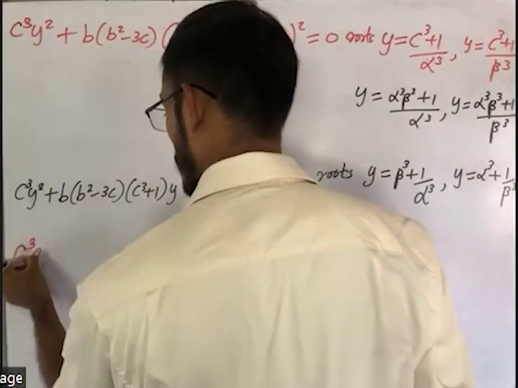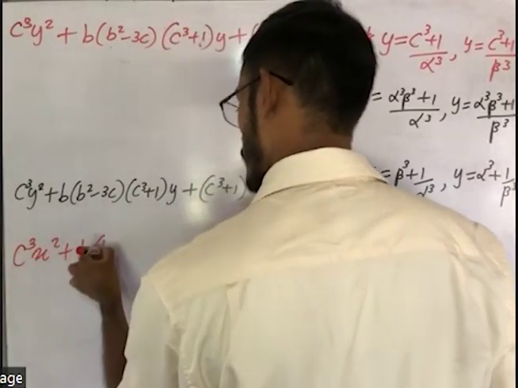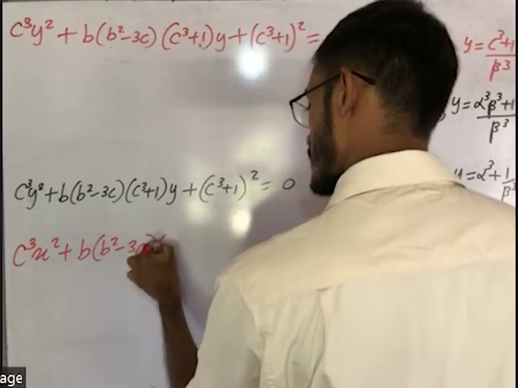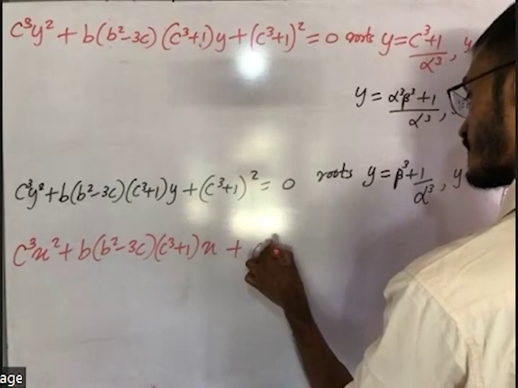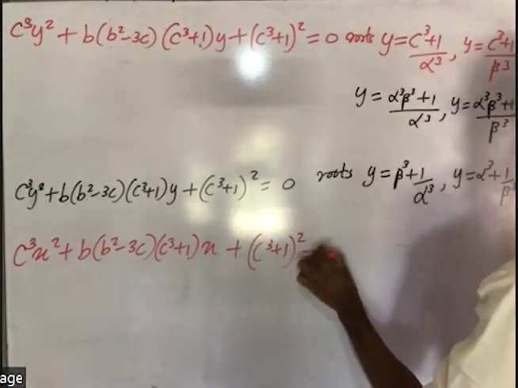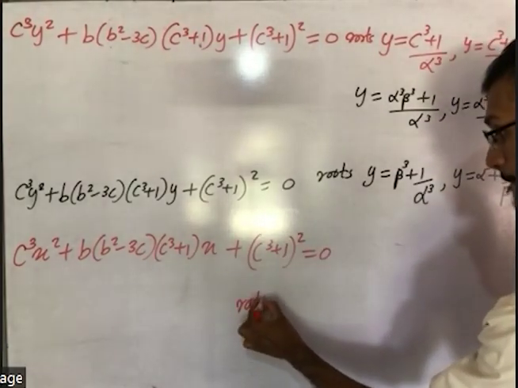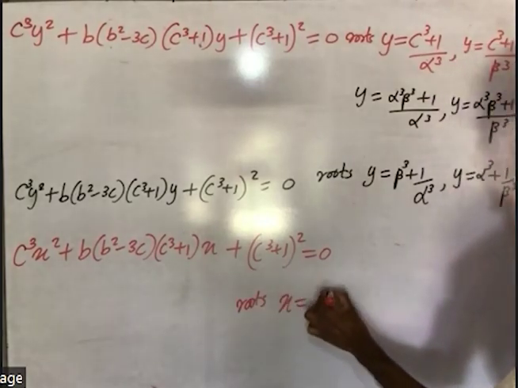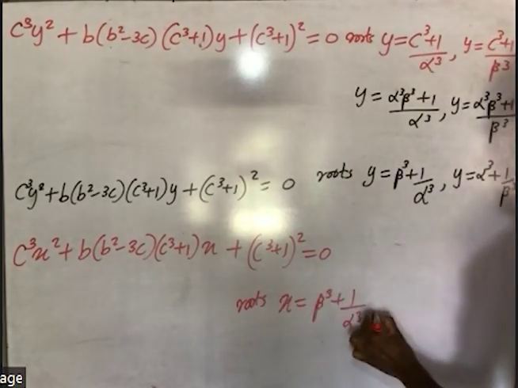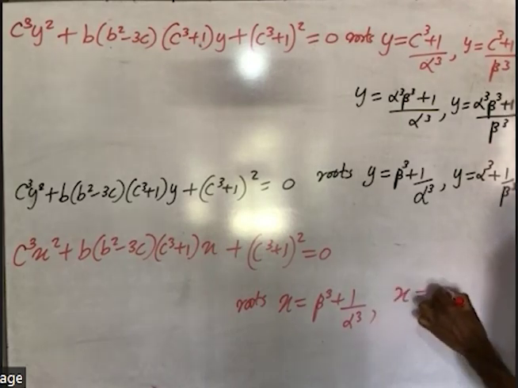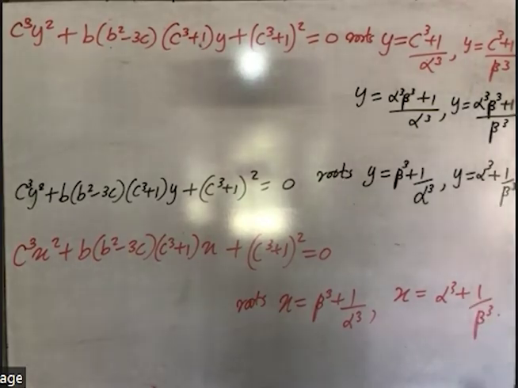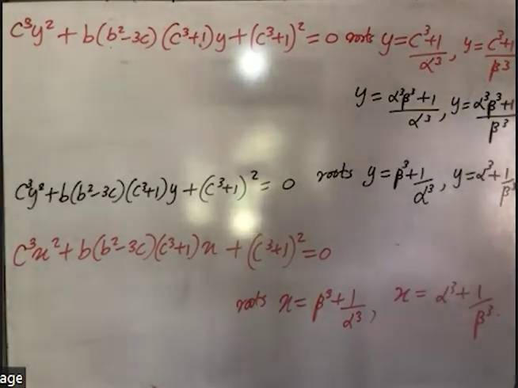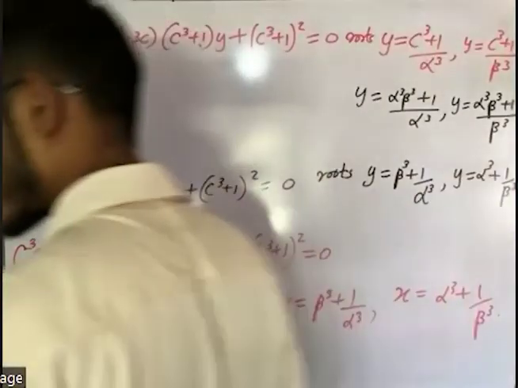So c to the power 3 x square plus b into b square minus 3c into c to the power 3 plus 1 x plus c to the power 3 plus 1 square equal to 0. Here we can write down the roots. X equal to beta to the power 3 plus 1 over alpha to the power 3, comma x equal to alpha to the power 3 plus 1 over beta to the power 3. Right. So in this way, we can complete the given problem. Right. So this is the 2007 A-level problem.